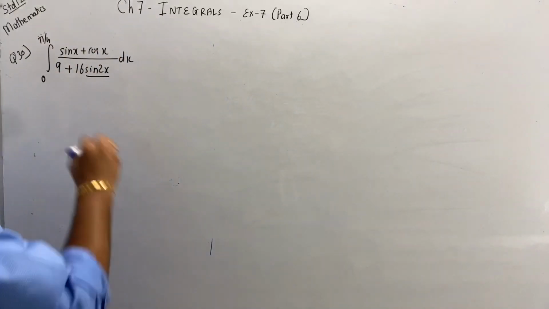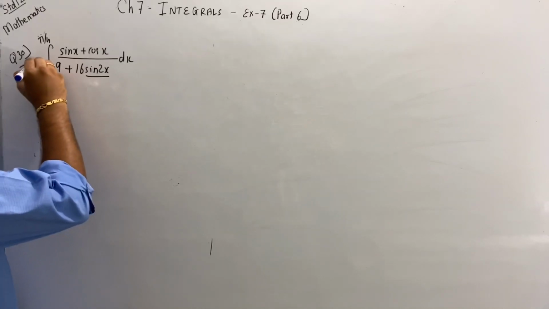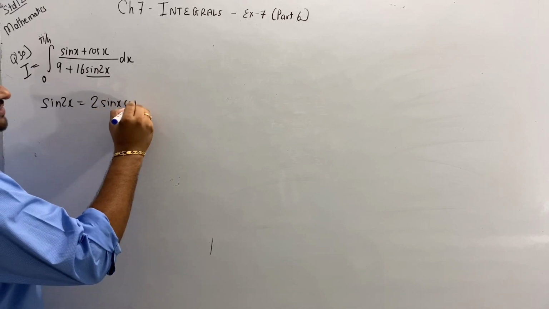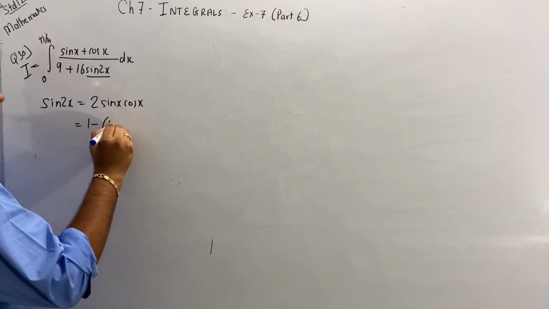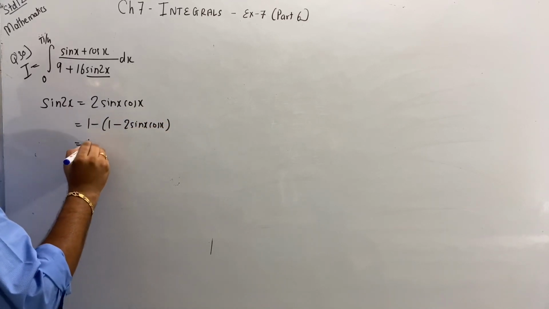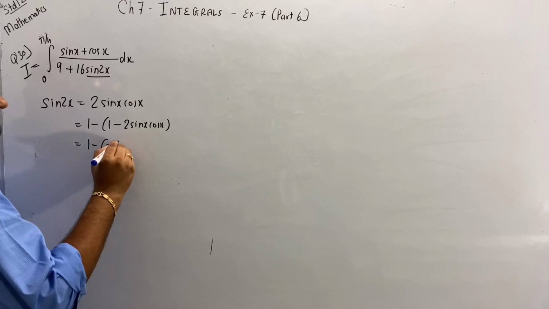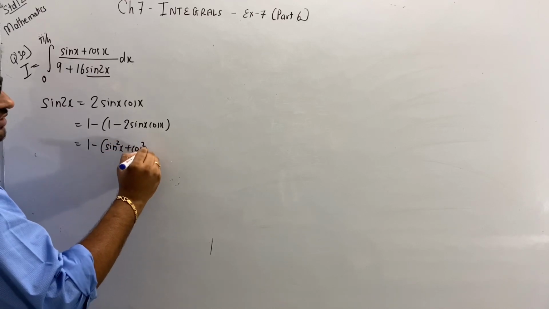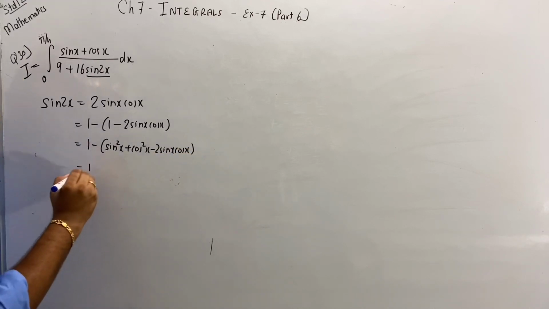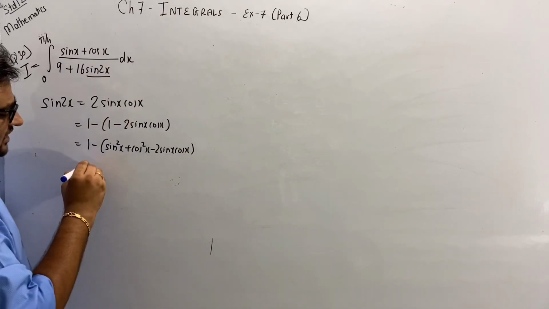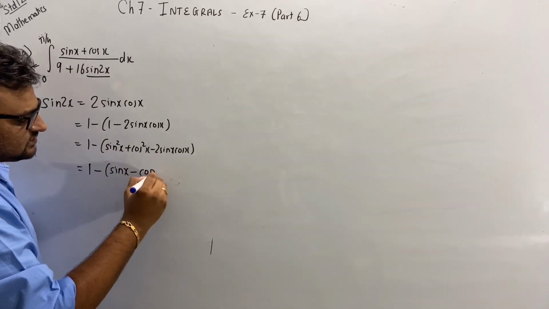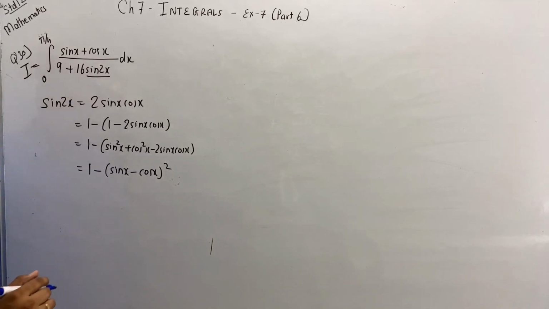So let's start with the same method. Sine 2x is equal to 2 sine x cos x, which is 1 minus (sine square x plus cos square x minus 2 sine x cos x). Okay, I'm going fast because we had already done this in the last sum. So this is the same method, (sin x minus cos x) whole square, right?